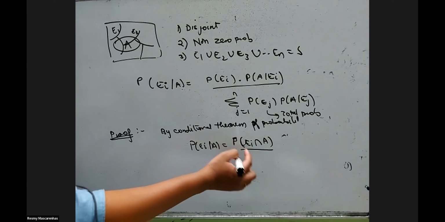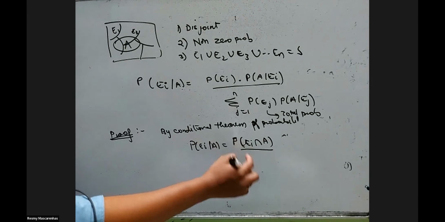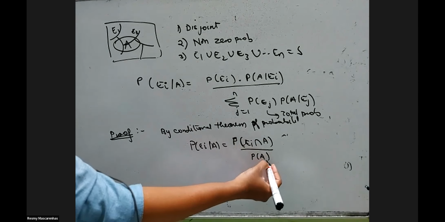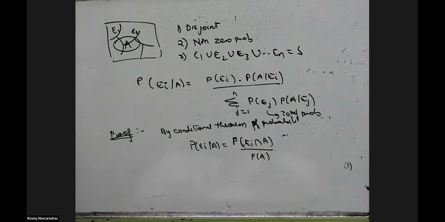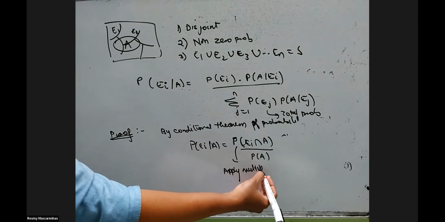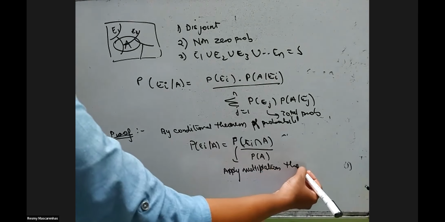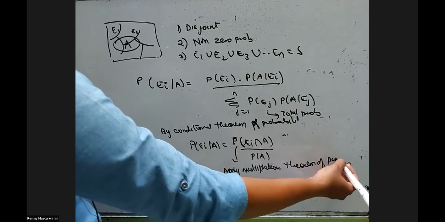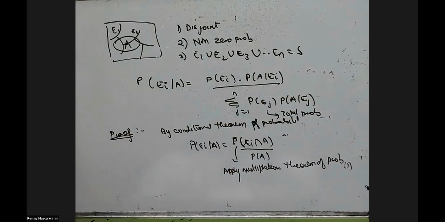If you want, you can use N also, but after dividing by the sample space, it will be anyway P. Now for this, apply the multiplication theorem. What is A intersection B?